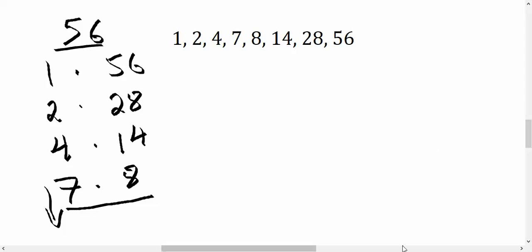All right, let's do one more, just because it's kind of fun. Let's see, which one should we go with? Let's go with 27. Okay, so we'll start on this side. So 1 times 27. Great. 2, no, doesn't go into 27. 3 does, though.